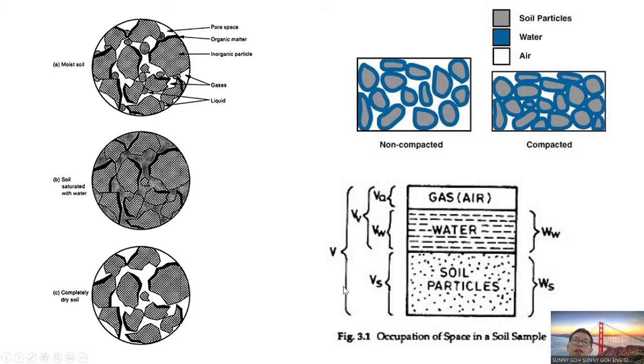So we can divide the soil volume into three compartments: the soil particles themselves, the water itself, and the gas itself. So you have the volume for soil solid particles, you have the volume for water, and you also have the volume for air. The volume for solid is Vs, the volume for water is Vw, and the volume for air is Va.